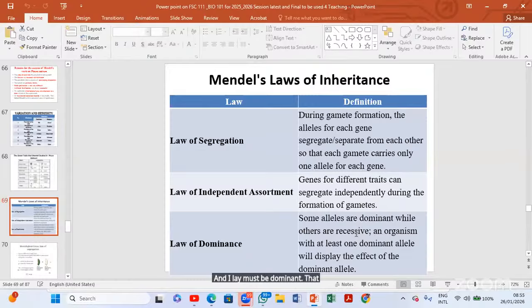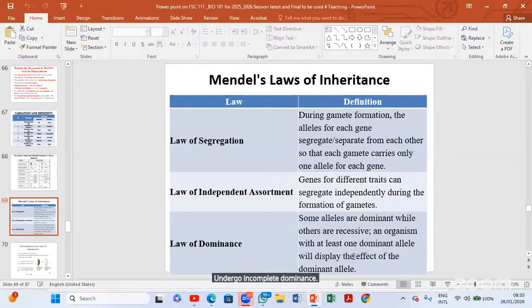But more work took place after Mendel, and they found out that in a gene, the two alleles may be codominant, and at times the two alleles in a gene may undergo incomplete dominance.